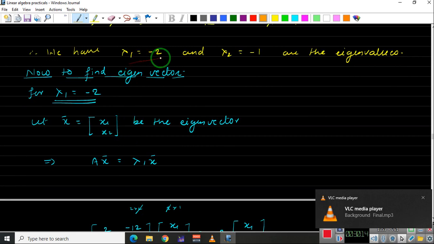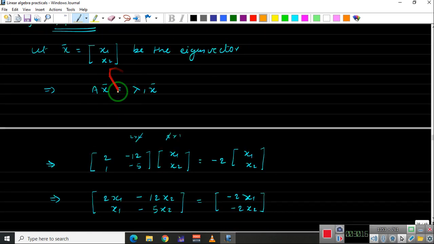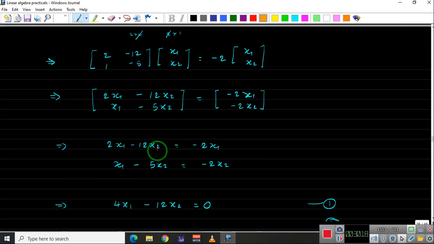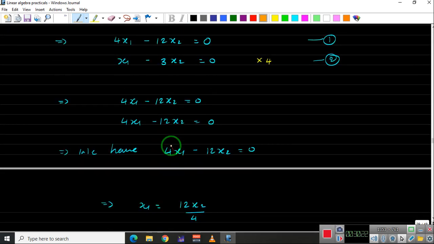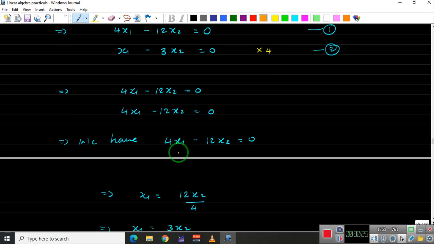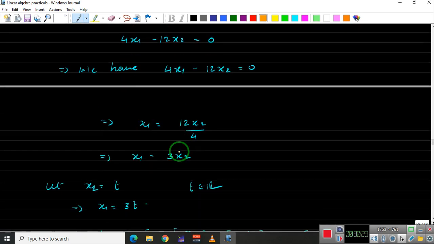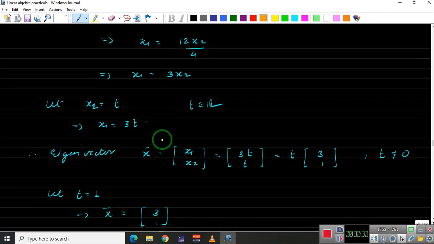Corresponding to lambda 1, we have this x bar as the eigenvector. After solving, we got two equations because it's a 2 by 2 matrix here. We solved this system of two equations in two unknowns simultaneously. We reached a point where we claim that it has infinitely many solutions. So the particular solution is x2 equals t and x1 equals 3t.